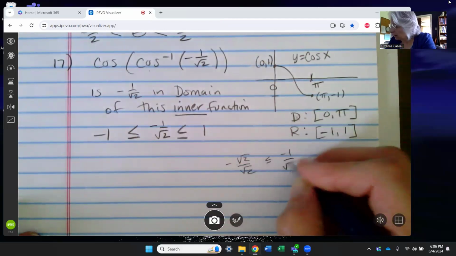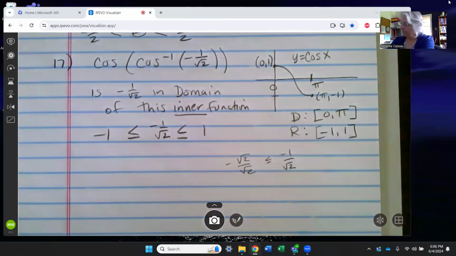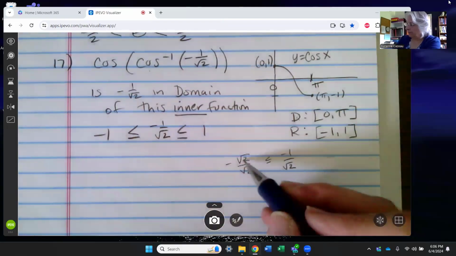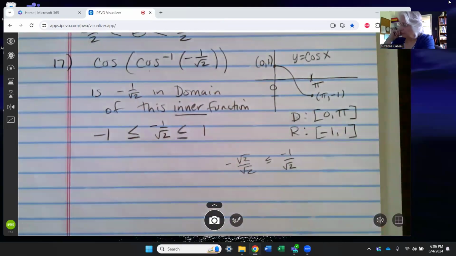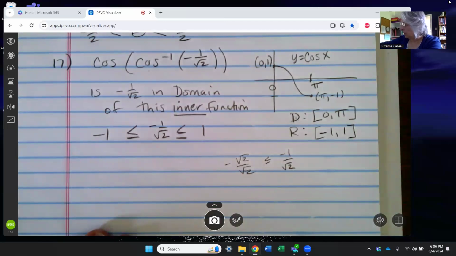Which one's bigger? Is this more negative than that? I think so, yeah, I think that's in there. I can double check on my calculator, but I'm pretty sure.